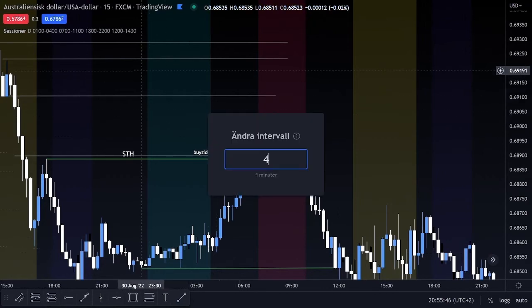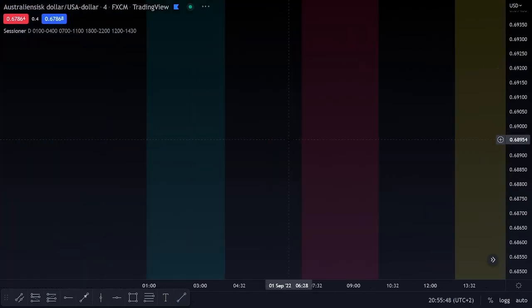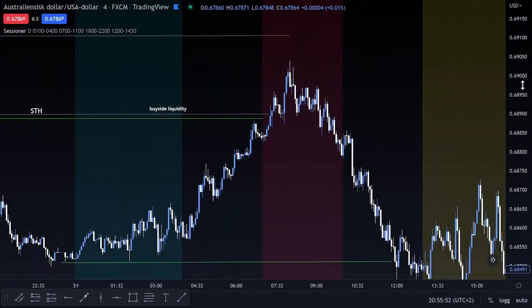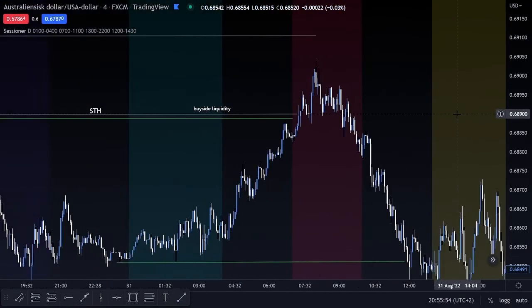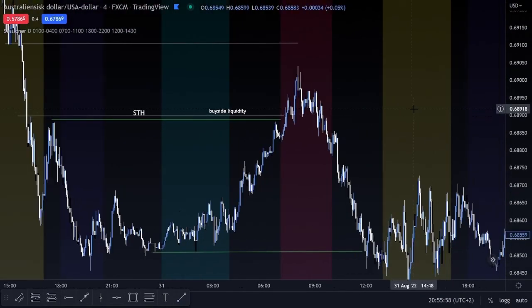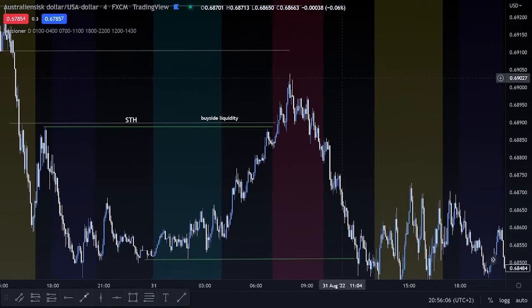So I think we jump down to our, I think I took my entry on the 4-minute time frame. We have identified a higher time frame level of liquidity right here, right in this area. When price is reaching up into this area, I'm watching how price reacts to it.